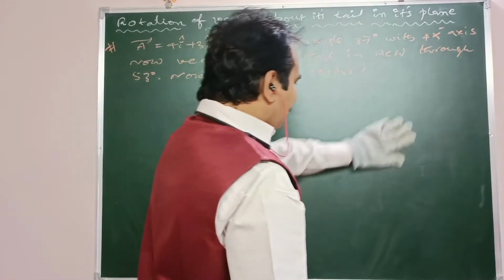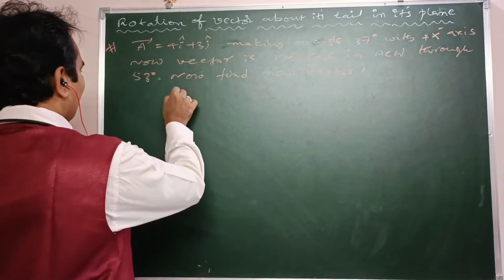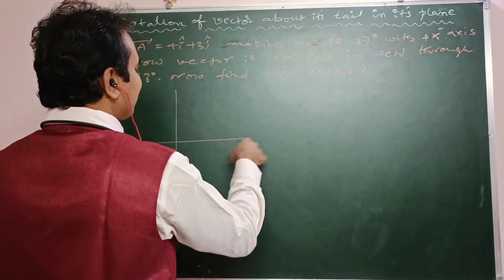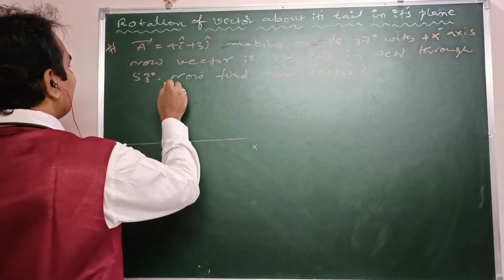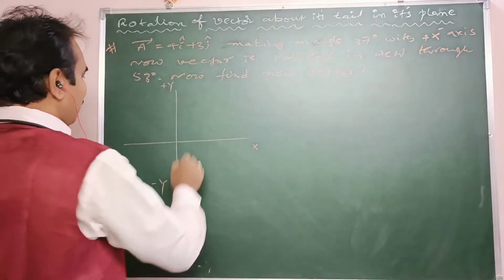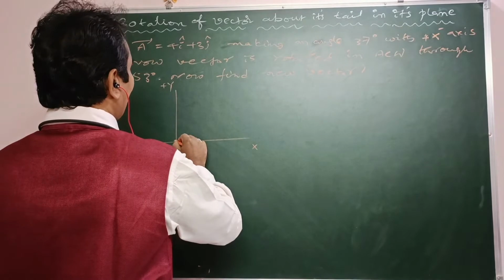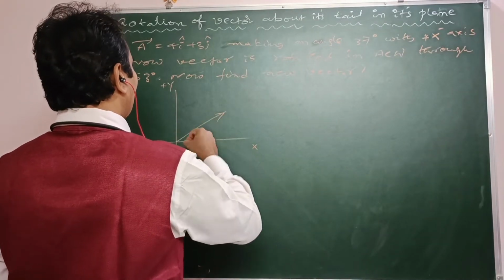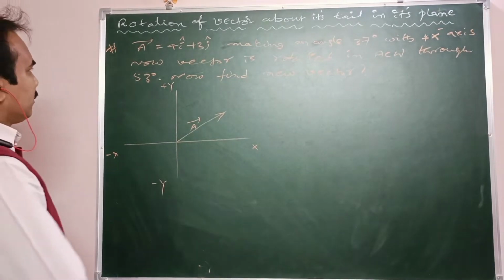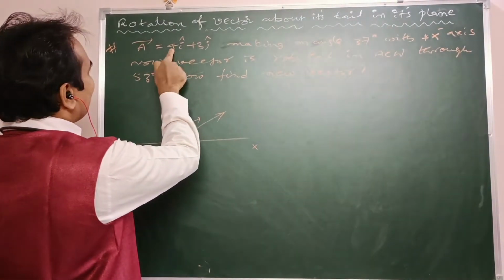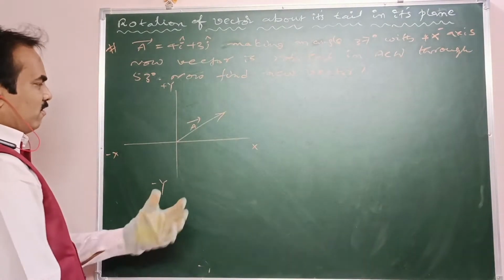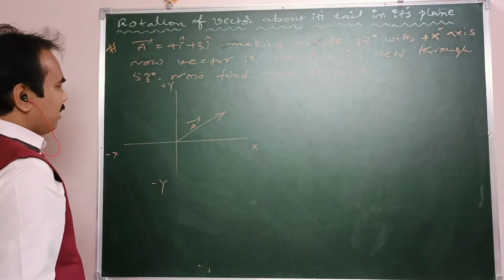See, from data, positive x-axis, negative x-axis, here positive y-axis and negative y-axis. Vector is somewhere here, a bar. This is the given vector a bar. In the XY plane, x coordinate and y coordinate are both positive, means the vector is lying in the first quadrant.